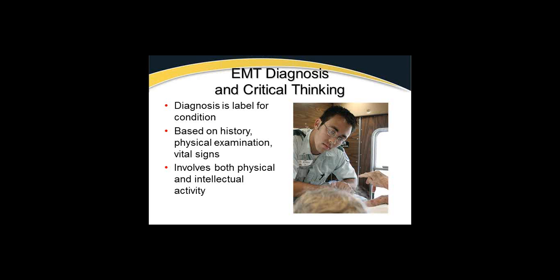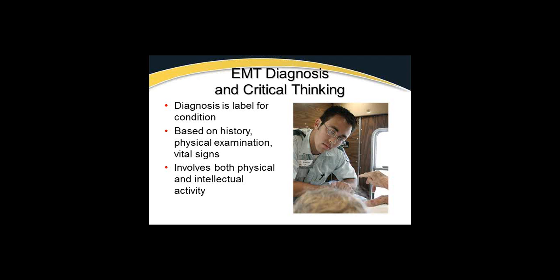So we start with EMT diagnosis and critical thinking. Diagnosis is a label for a condition. Now I want to stop for just a second and say we don't always come up with the exact perfect label, or the pinpointed diagnosis in many cases, but we have some strong feelings that this is what it looks like, walks like, and feels like, so that's what we're going to go under the assumption of.